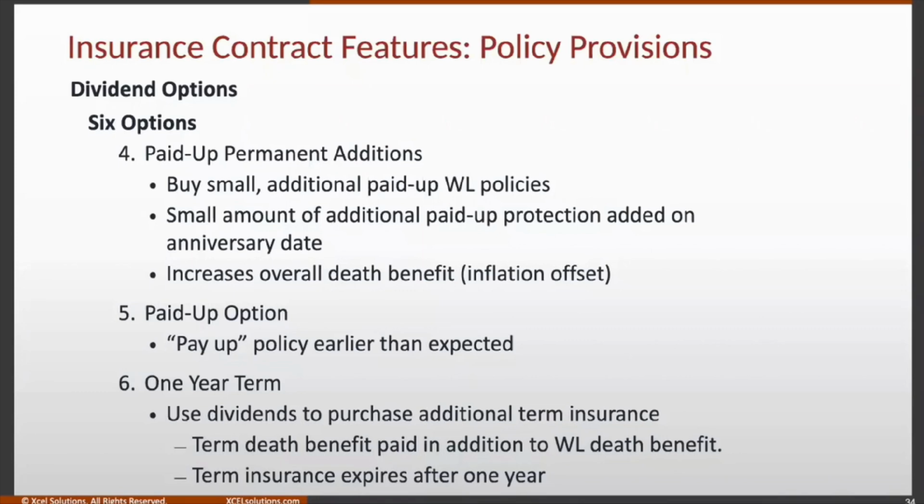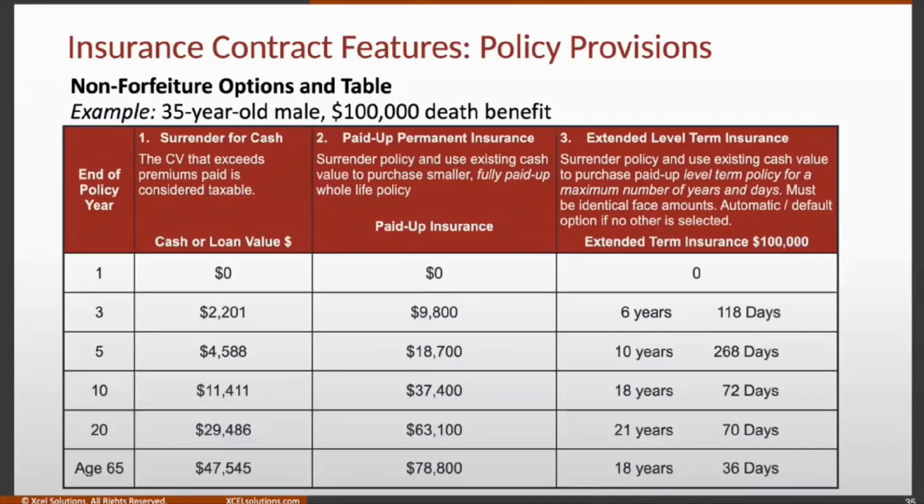They wish to use their dividend to allocate it toward a 1-year term policy that can be purchased with a dividend, so as to allow the beneficiary to get the lesser amount on the whole life policy, but also the death benefit on the term policy, thereby bringing them pretty close to what they would have received from the whole life policy had the loan not existed on that whole life policy.